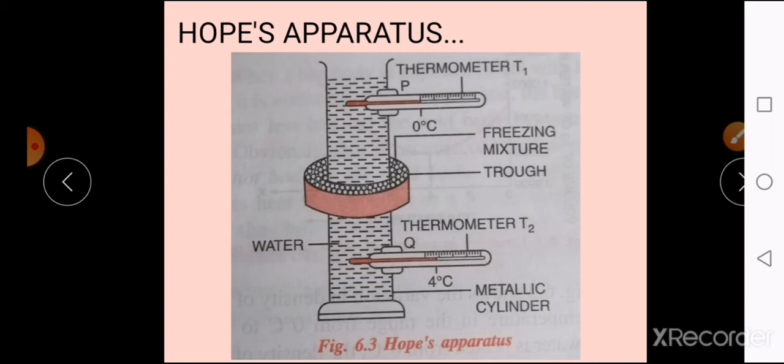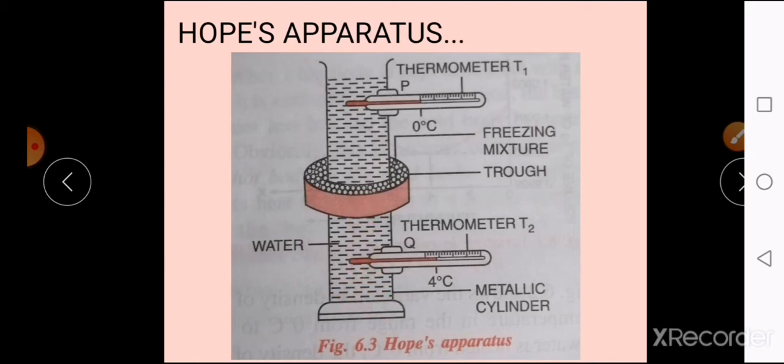Now here the water is going to contract, and as a result the density of the water is going to increase. When you learnt about density in your smaller classes, you learned that the one which is having more density will be sinking towards the bottom.